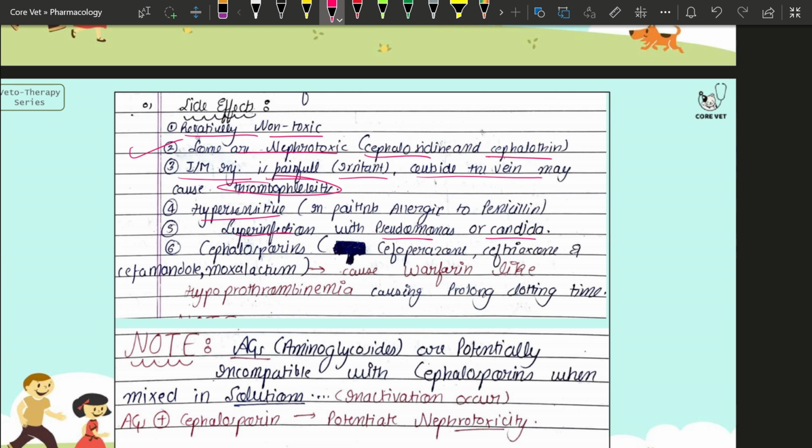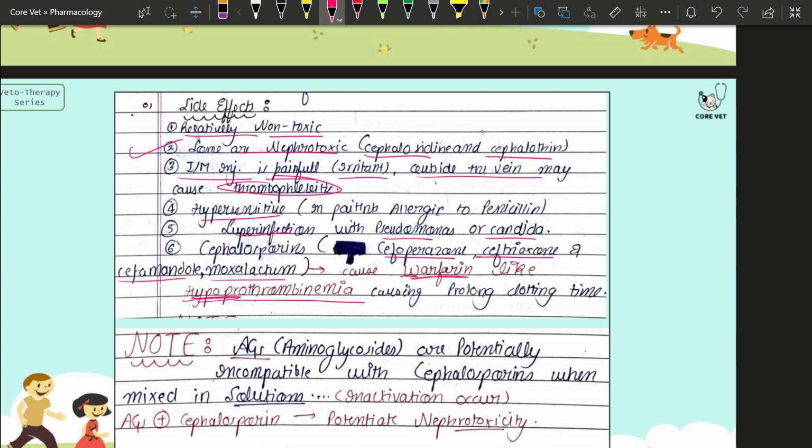And cephalosporins like cefoperazone, ceftriaxone, and cefamandole, and moxalactam, which I'll discuss later because they do come under your beta-lactam group, okay, they cause, like warfarin, hypoprothrombinemia, right? If you have studied systemic pharmacology, you must have studied warfarin, because warfarin is taught in the cardiac part, and warfarin is even taught in toxicology also.